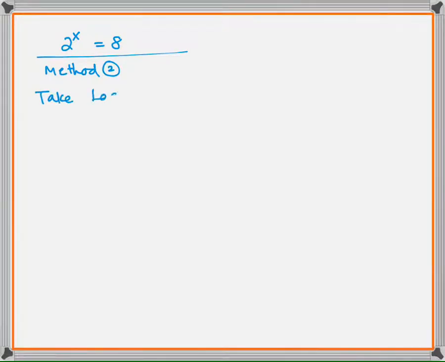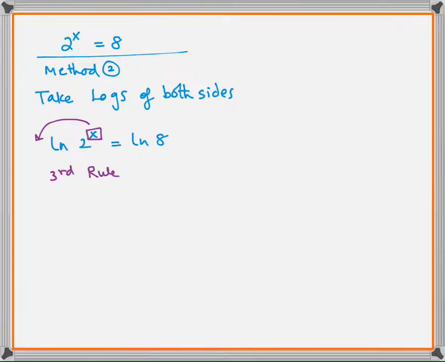Take ln of both sides. I can even write log of both sides, and then either I can use lg or ln. So ln 2 to the power x is ln 8. x ln 2 is ln 8. Make x the subject. So that is ln 8 over ln 2.